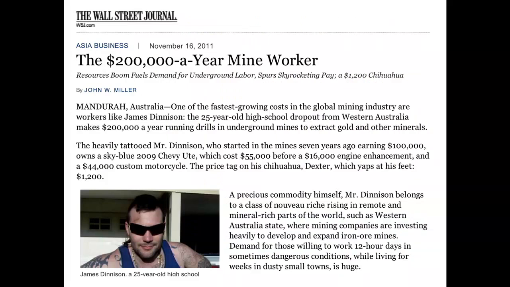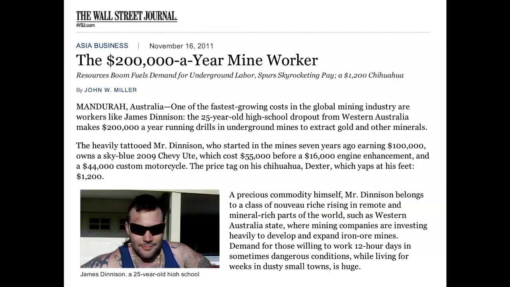What about this one? This seems something closer to home for you. This surely must be an inefficient market. We have a $200,000 a year mine worker, James Dennison, a heavily tattooed young man who dropped out of school. Didn't even bother going to uni, didn't even bother finishing school.